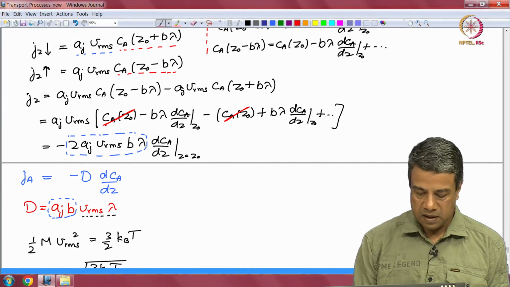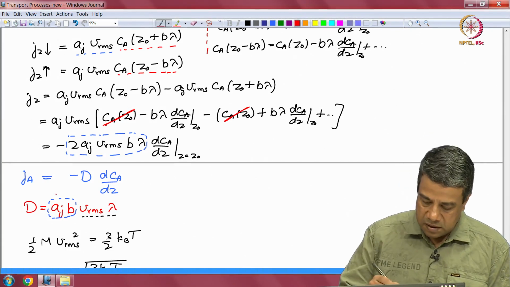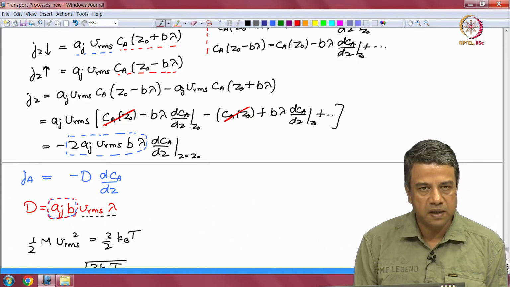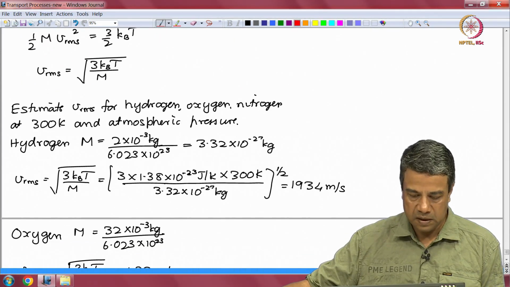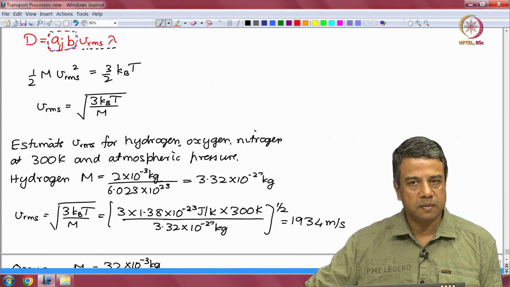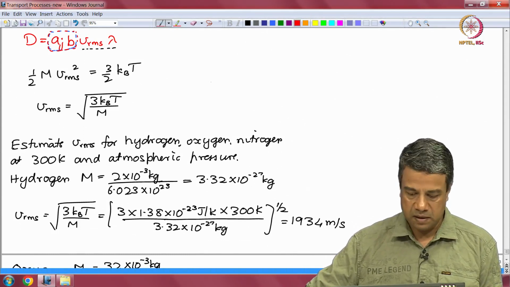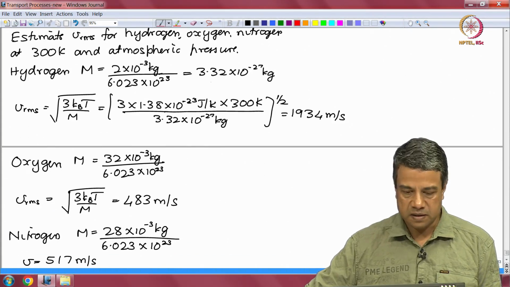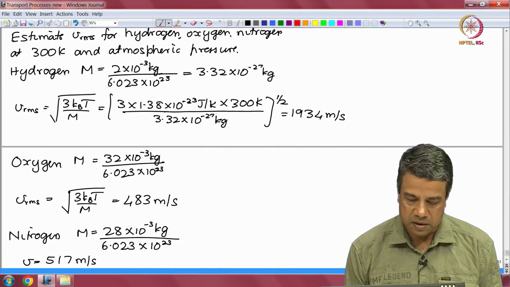And we had got a value for the diffusion coefficient as some order 1 constants times the V root mean square times the mean free path. And we had estimated the root mean square velocity from equipartition, half m Vrms square is equal to 3 by 2 kT. And I had given estimates for the magnitudes of these as well for hydrogen, oxygen and nitrogen at room temperature and pressure.